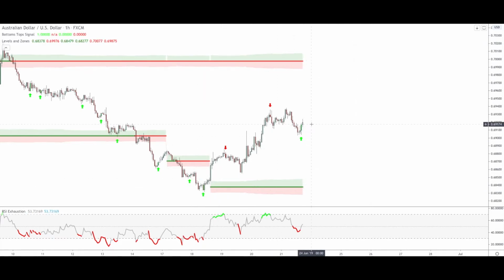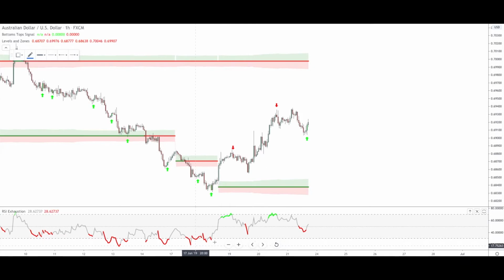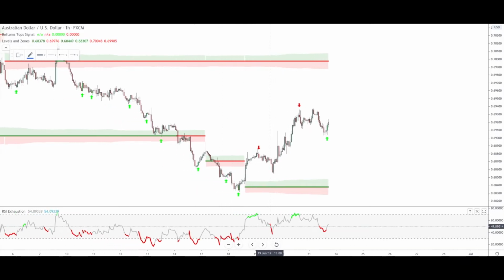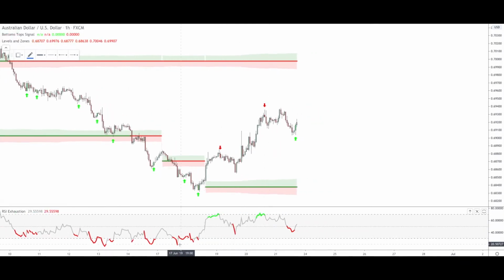Why do I believe so? Well, because as you can see, the price is moving higher and the RSI is moving higher as well. So this price action here is sustained by the RSI.